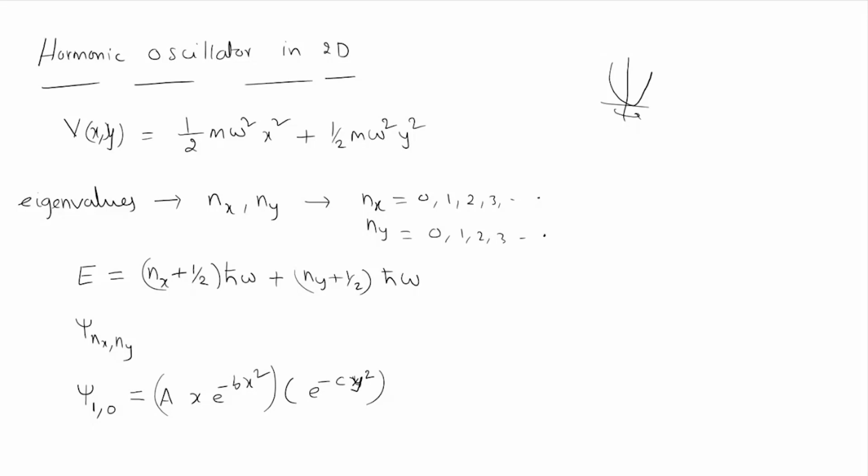Let's spend some time, because it's important, on energies. For example, nx is equal to 0, ny is equal to 1. What is the total energy for this harmonic oscillator? Can anyone tell me?